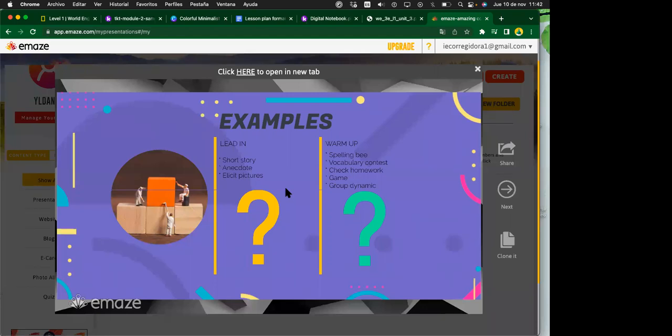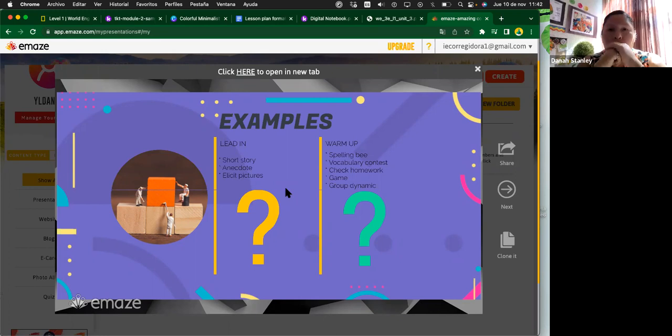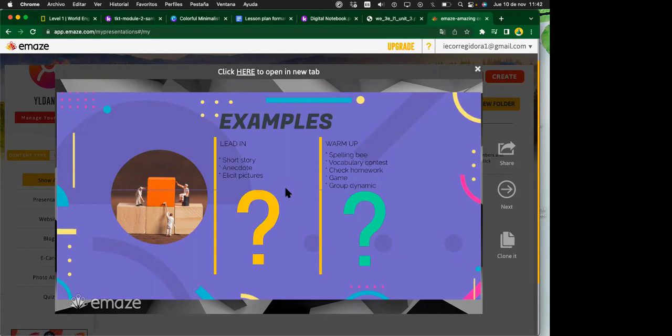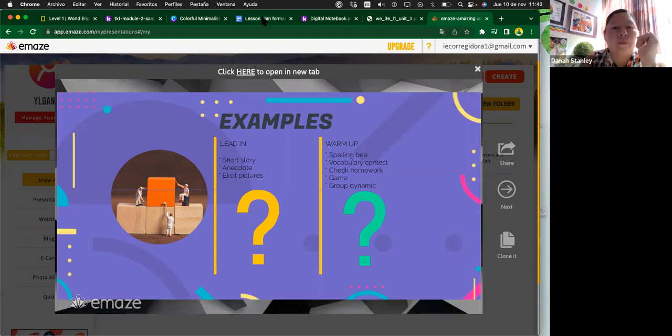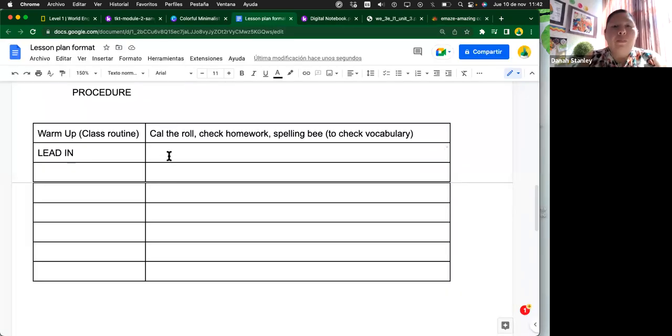I would use pictures of the places and ask if they know which place it is, what activities you can do there, or something like that. Okay, elicitation of pictures. Probably from their community, no?